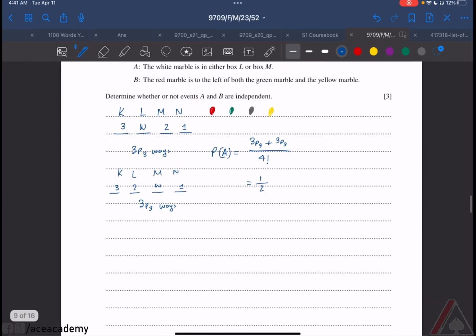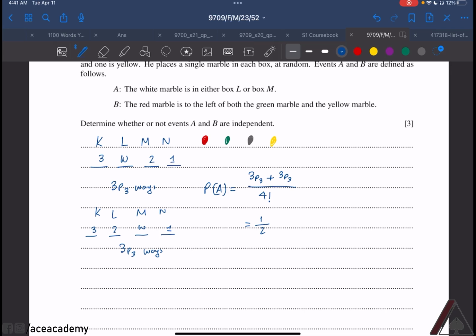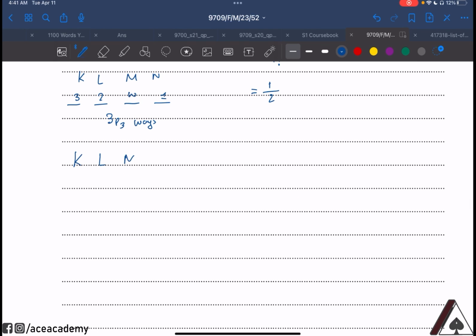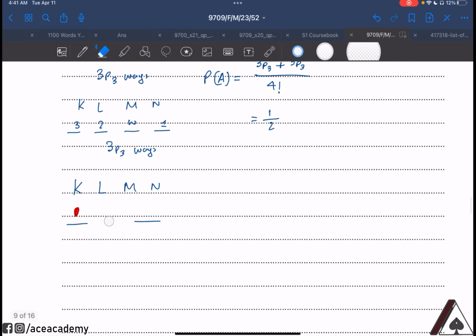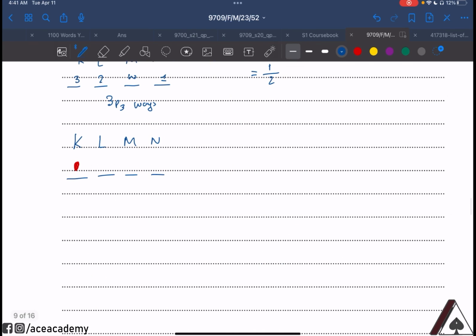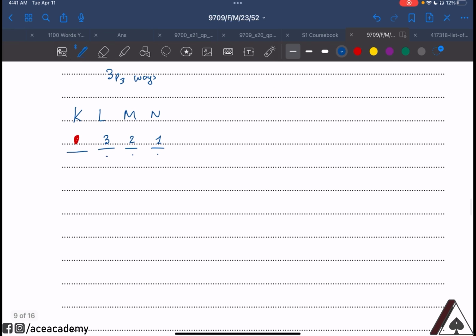Now, there's the second one. The red marble is to the left of both the green marble and the yellow marble. Okay. K, L, M, N. The red marble is in K, let's assume that. And then the other marbles, especially the green marble and the yellow marble, could be in any of these 3 places. So this will be 3 into 2 into 1. So again, 3P3 ways.